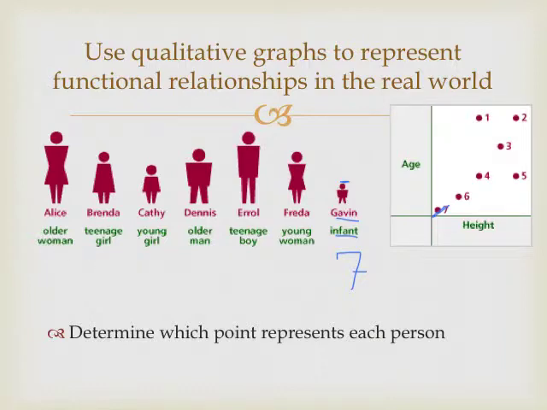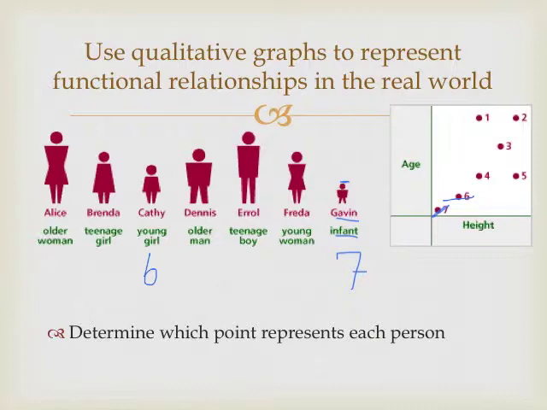Okay? So I have young woman, I have young girl. A young girl sounds younger, but just to make sure, let's look at height as well. So this person is also not only the second youngest, but also the second shortest. And as you see here, if I drew kind of like a line across here, you'd see that Kathy is definitely the second shortest. So I believe she is our best contestant to be number 6. So Kathy here is number 6.